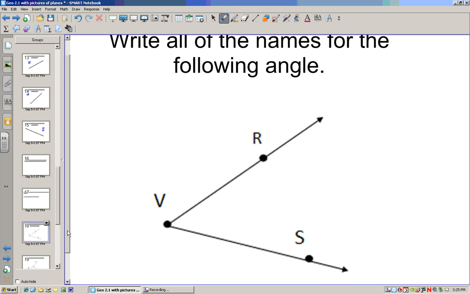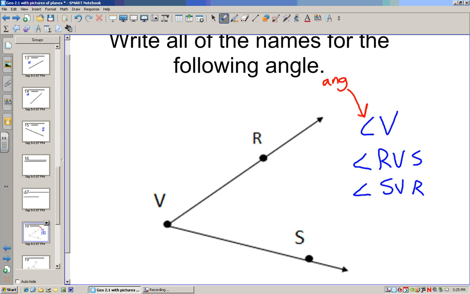Now, when I'm talking about an angle, I'm talking about how this ray and this ray meet at this vertex. We can call this angle V, angle RVS, or angle SVR. This symbol means angle. Notice when we're using three letters that V, or the vertex, has to be in the middle.